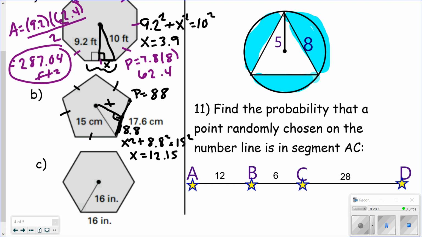And area is equal to 12.15 times 88. Divide that by 2, and we get 534.6 centimeters squared.